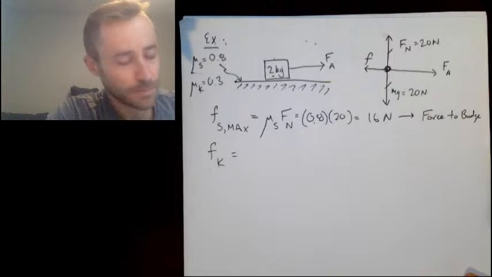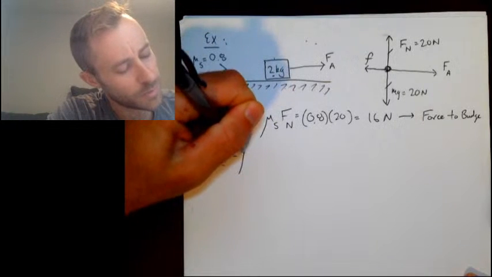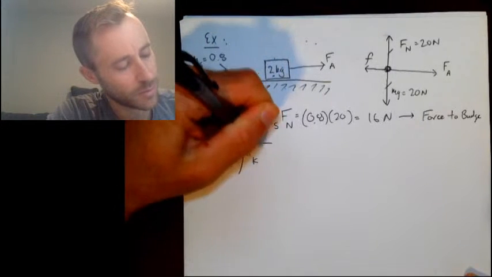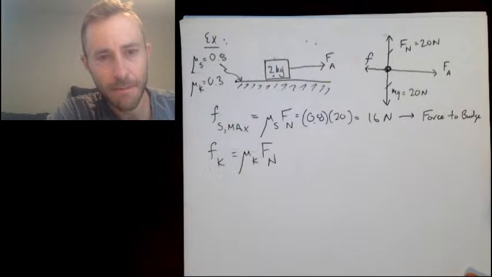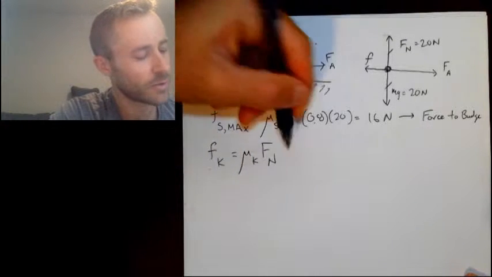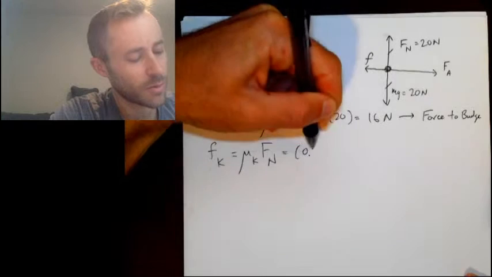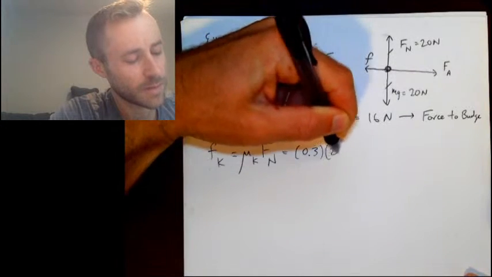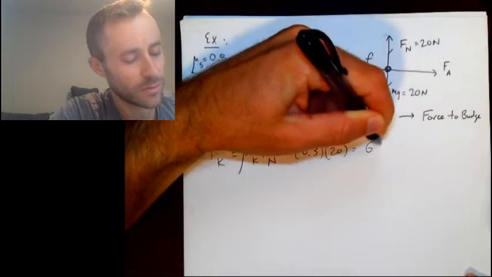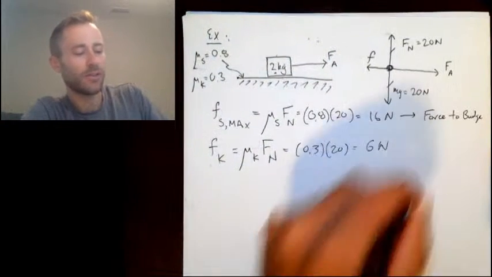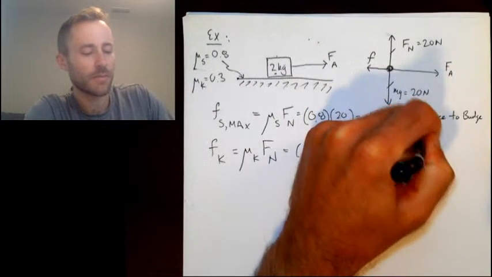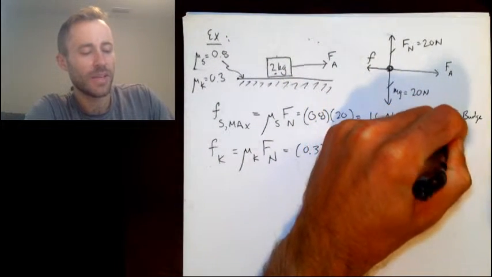Kinetic friction is mu sub k times normal. That is 0.3 times 20, which is 6 newtons. So that is the force required to keep it moving.